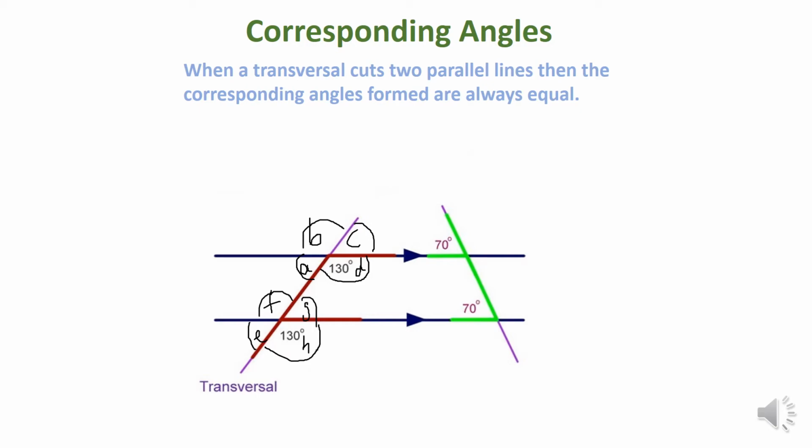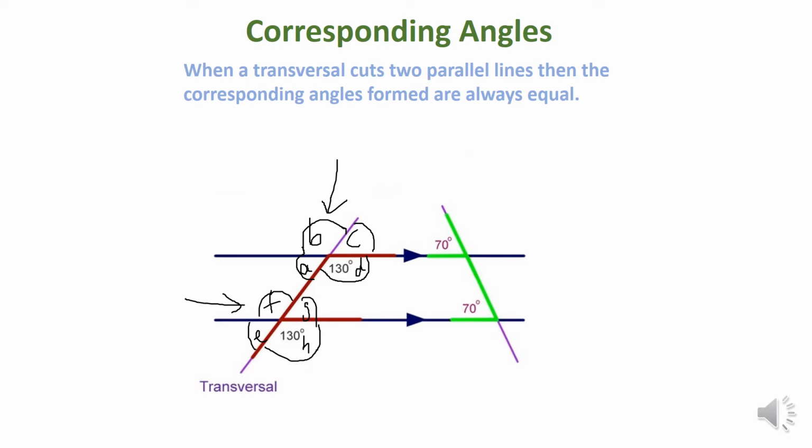Okay, angle B is the first angle on the first parallel line. This angle B will correspond to this angle F, because this angle F is also the first angle on the second parallel line.